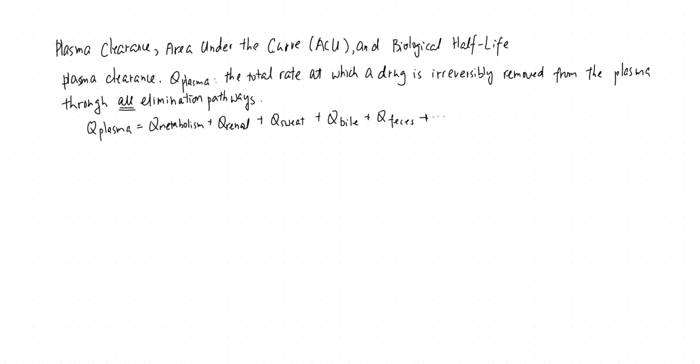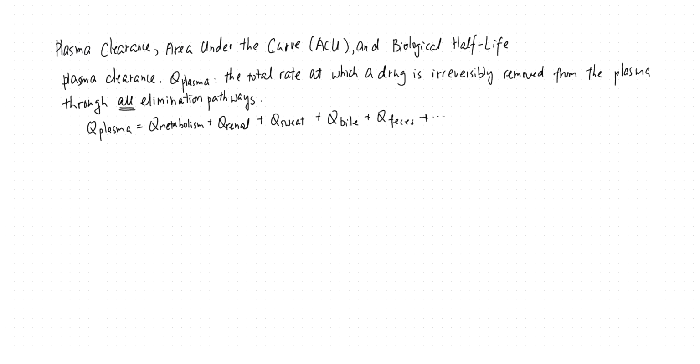So we call the plasma clearance, and we give it a symbol Q plasma. It is defined as the total rate at which a drug is irreversibly removed from the plasma through all elimination pathways.